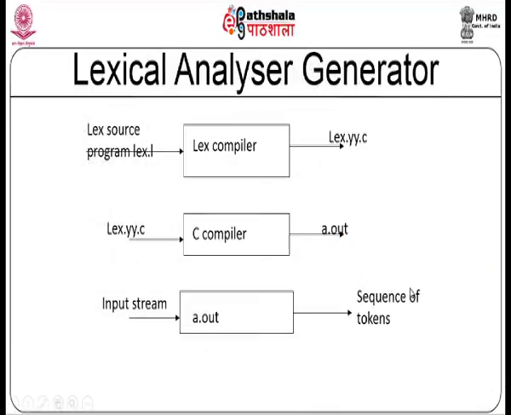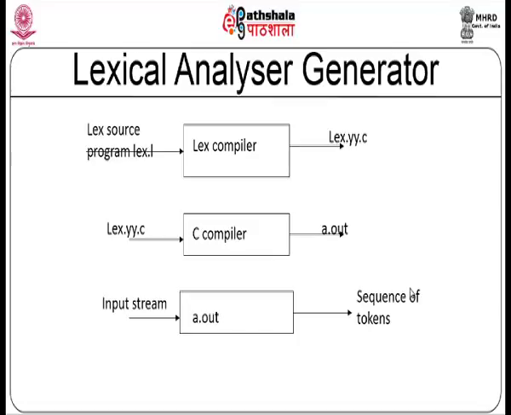Now, how does this tool work? This is the overall flow of the lexical analyzer generator. Your input source program will typically be a .l extension file. You have a Lex compiler, because I already said Lex is a programming language.